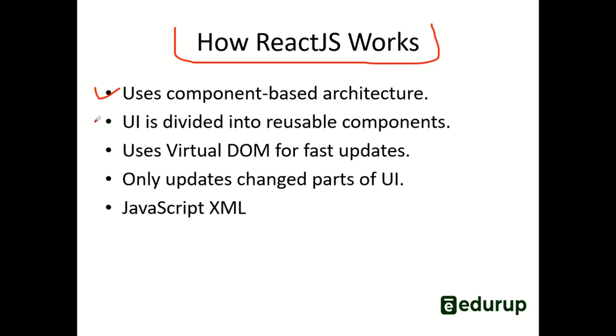And the UI is divided into reusable components. Reusable means you create only one component and use it many times in your web page or website. There is no limit for using the components. So that is what this sentence is used to say.